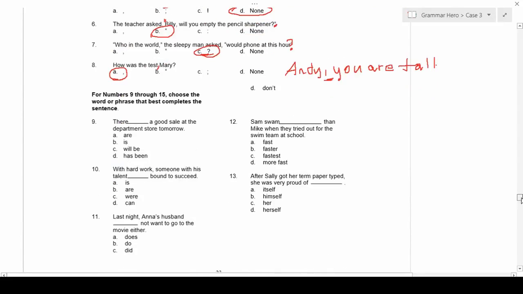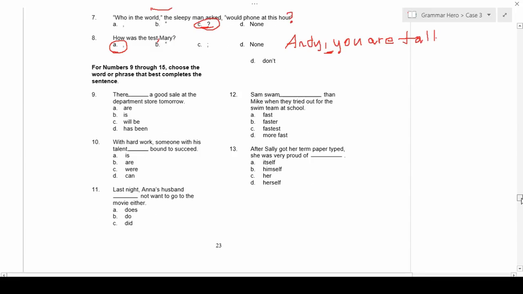Alright, so for number 9 through 15, choose the word or phrase that best completes the sentence. This is testing your ability to match tenses in essence. So the best way I think to do this is to plug all of them in and see which one sounds the most correct.